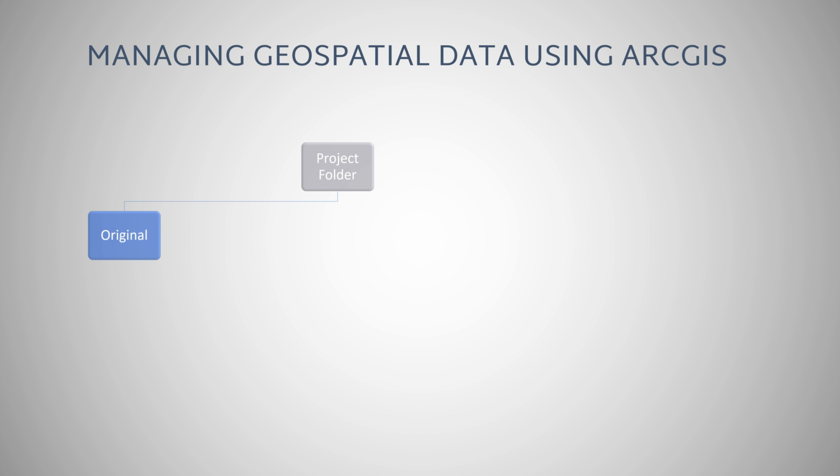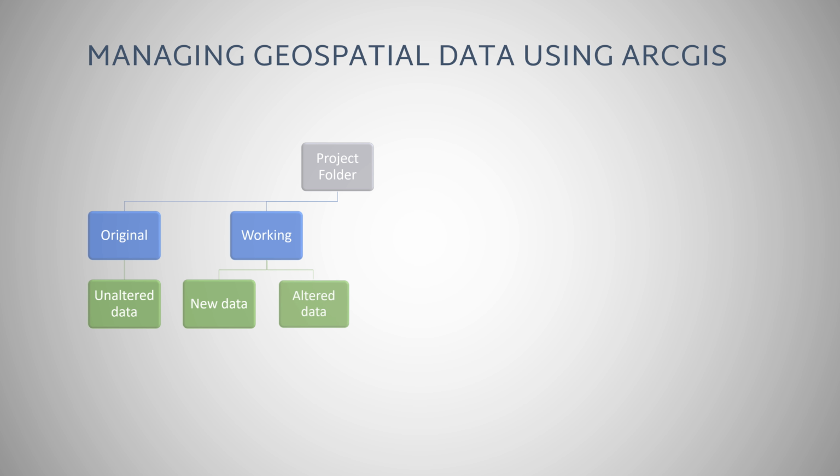As the name indicates, use the original folder for storing original, unaltered data. As you are working on a project, if for some reason your working version of the data gets lost or corrupted, you can go back to your original folder and find a fresh copy of the data. Use the working folder for data that you create or alter while working on your project.